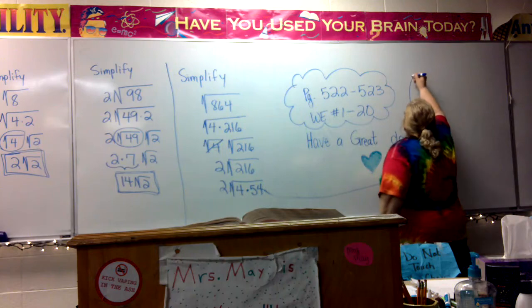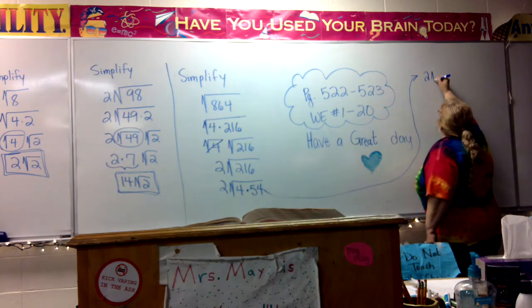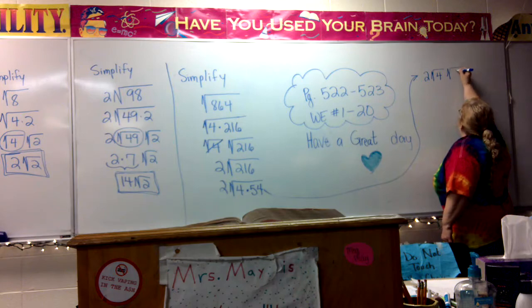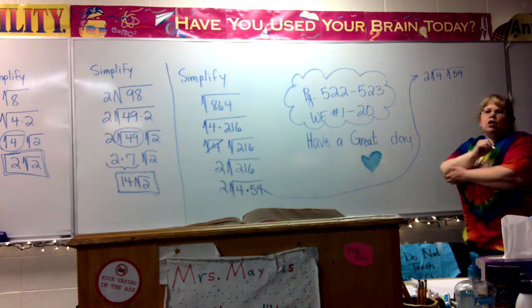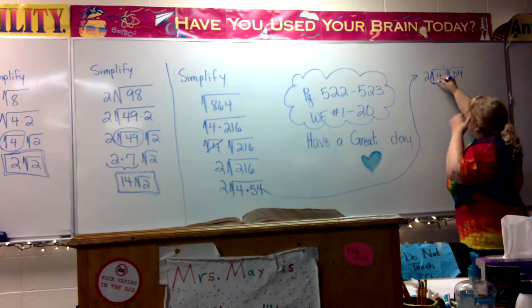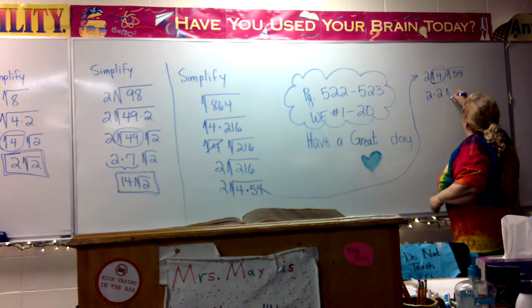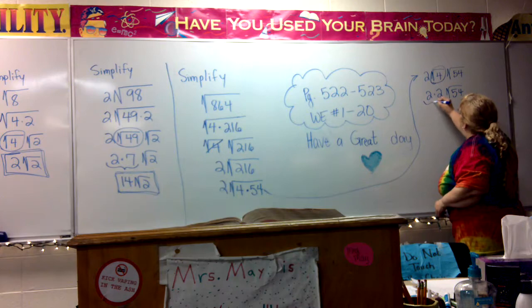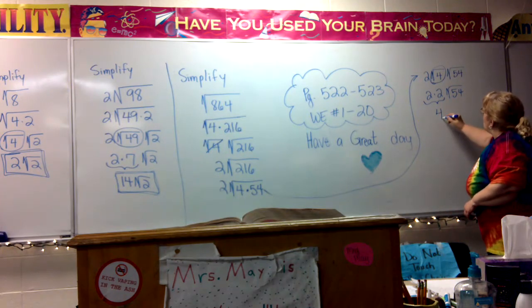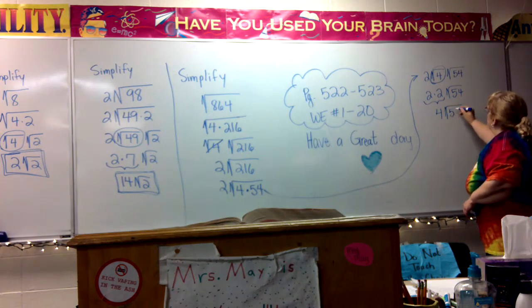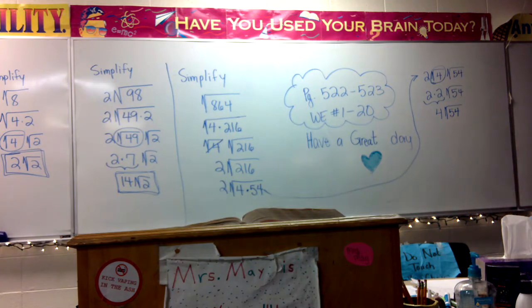I have 2 root 4 root 54. What is the root of 4? So what do I have outside here? 4 roots of 54. Is 54 simplified? What goes into it in the list over there? 4, 9, 16, 25?